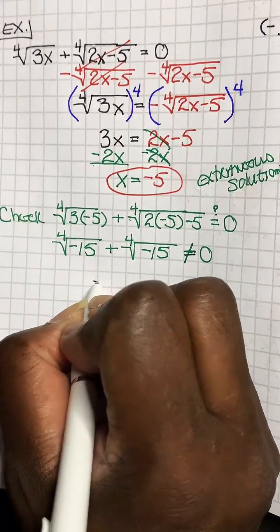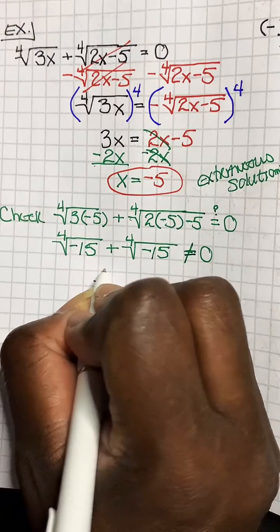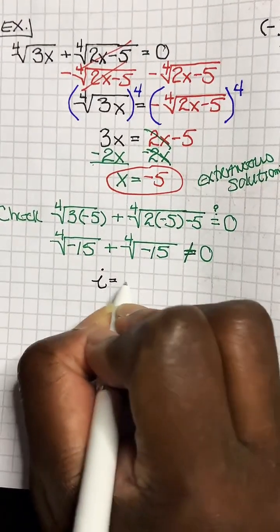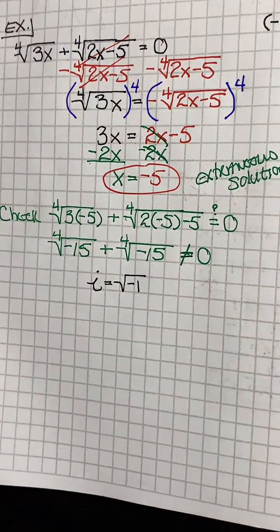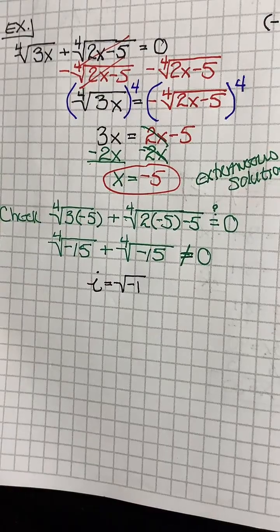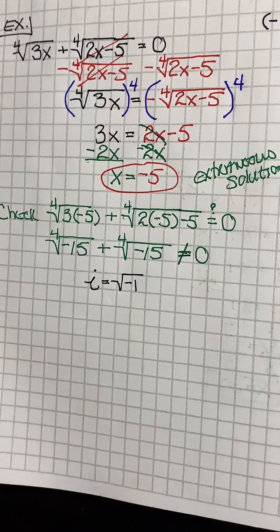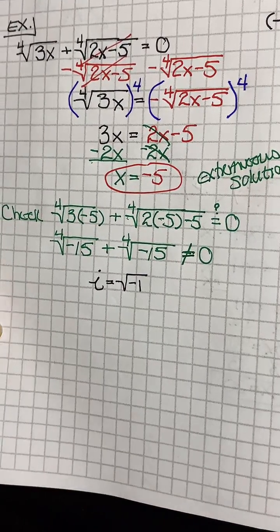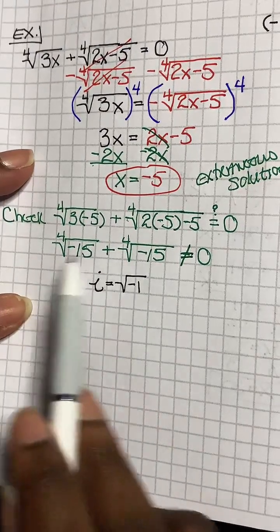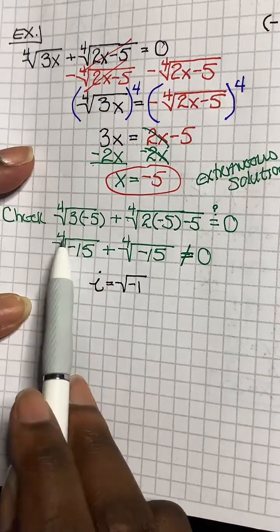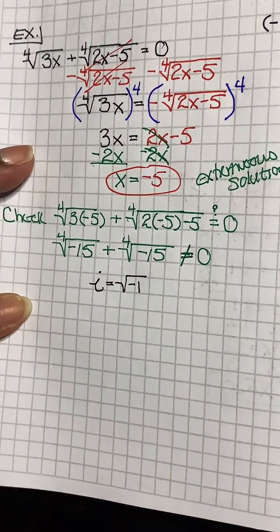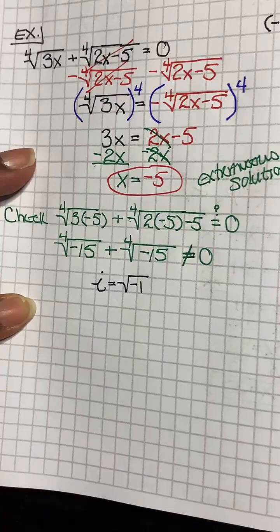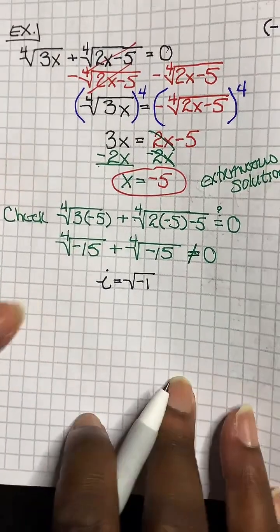Remember, i is the square root of negative 1. Okay, that's what i is. All right. So, yes, that's what I was saying. Like, you can factor out a negative because it is even, but that's not going to help us with those complex numbers. But we're thinking. I love it. All right. I really, really do. Love that.